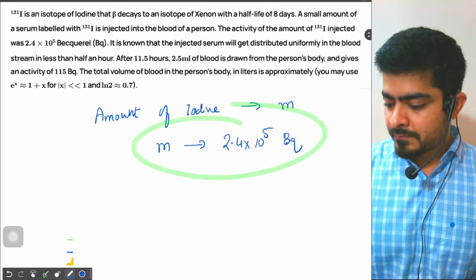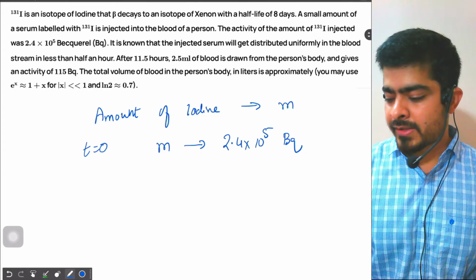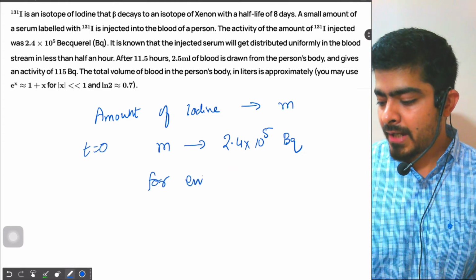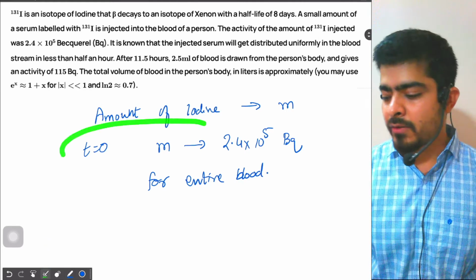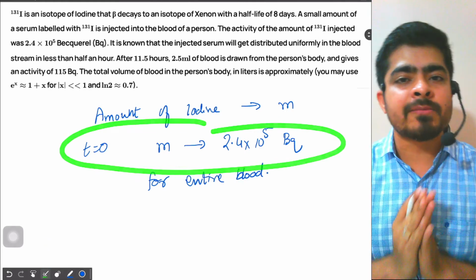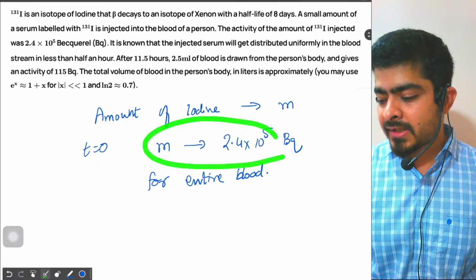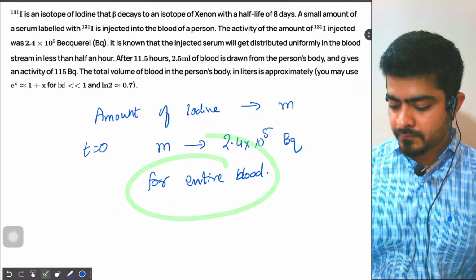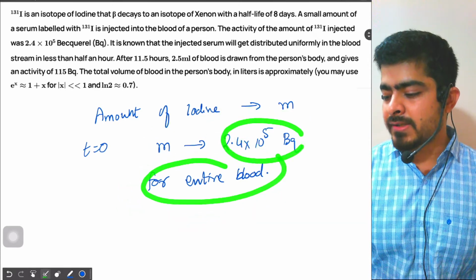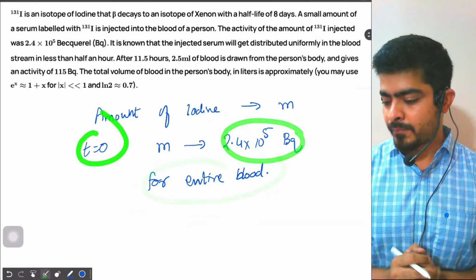This is the activity at t equal to 0 for the entire blood, we could say. This much iodine is ingested into the body, which is distributing throughout the blood. So this is the radioactivity of the entire blood. The entire blood is showing this much radioactivity at t equal to 0.